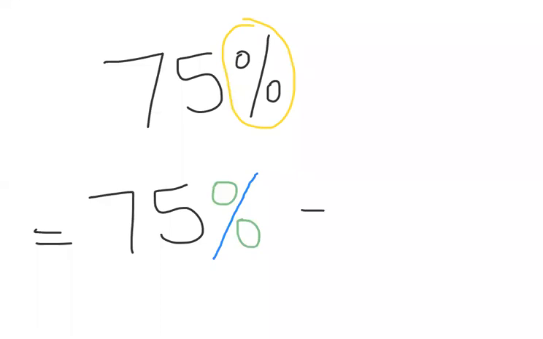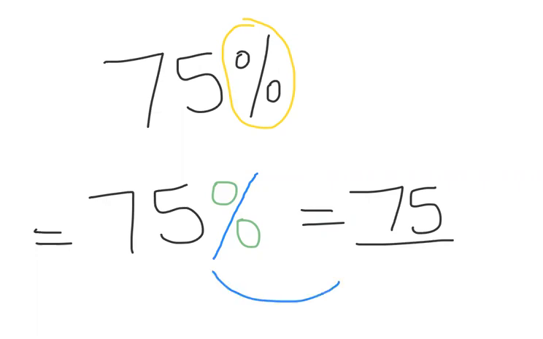Because what I want to show you is that this 75 actually means 75 divided by, now just look at this 100, I'm going to take this blue, becomes a 1, and both of these zeros over here, that's a 1 0, and that becomes 0, and here's the other 0.